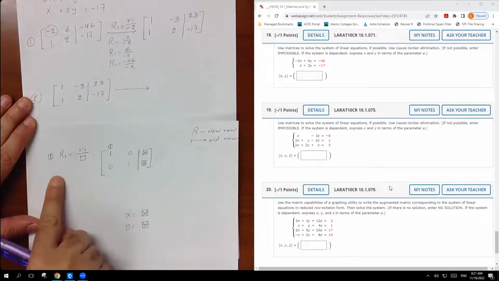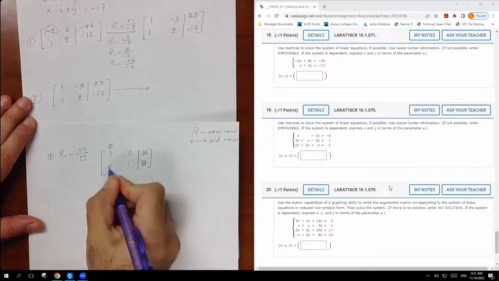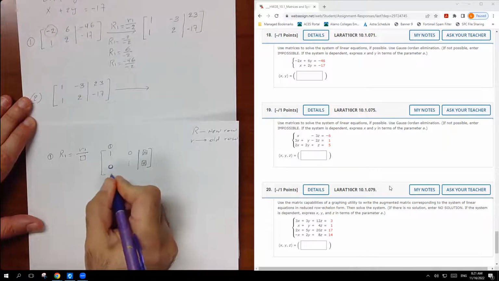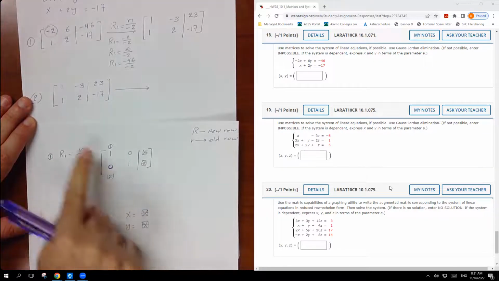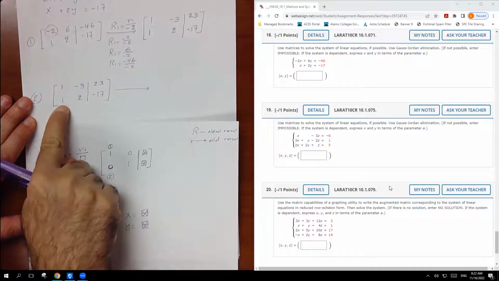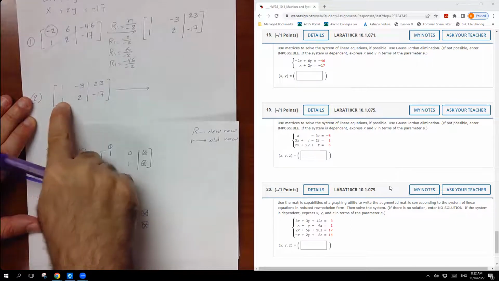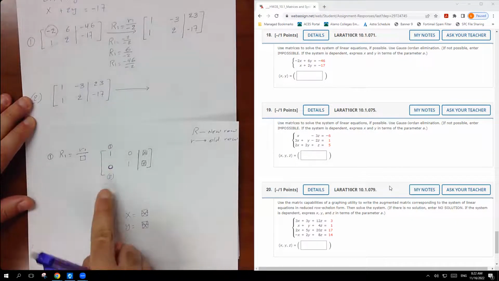Here's the rule. Step 2, on this number, we need to convert this number to 0. That means the number on this location, which is 1, I need to convert the 1 to 0. So that's step 2.